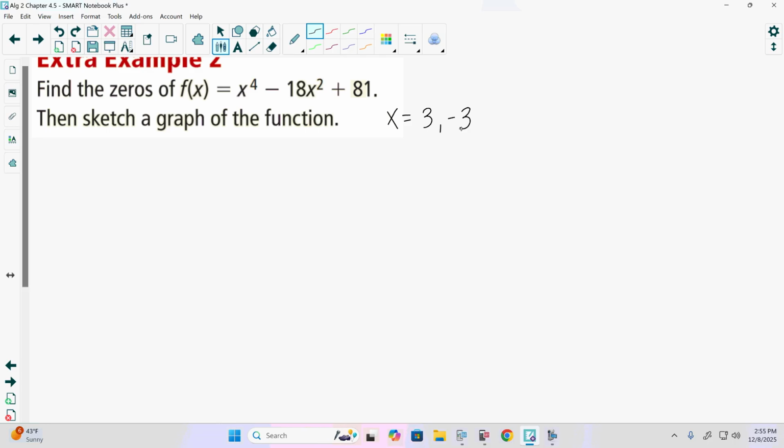There might be an even number of zeros at that spot. But to make sure, we're going to set up our synthetic division and solve that way. Because there might be other zeros outside of it. We just need to make sure.